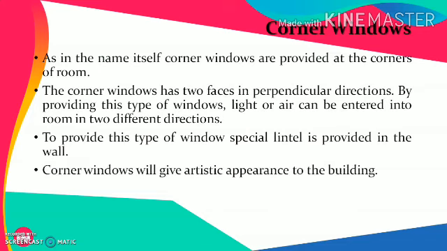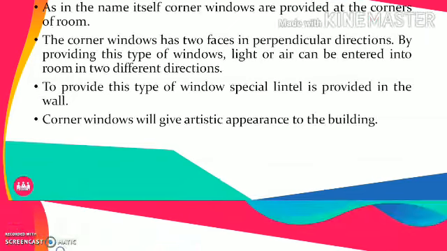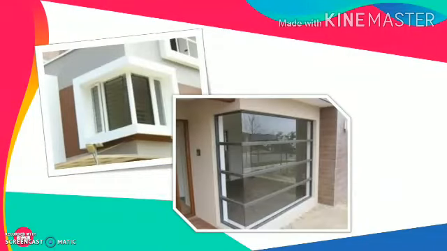Corner windows give an artistic appearance to the building, so they are even more useful in improving the overall elegance of a building. These are the views of such corner windows. They can be provided for the entry of light as well as ventilation and even for the improvement of overall appearance.